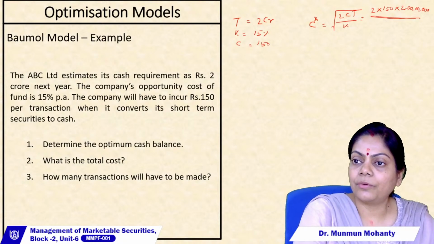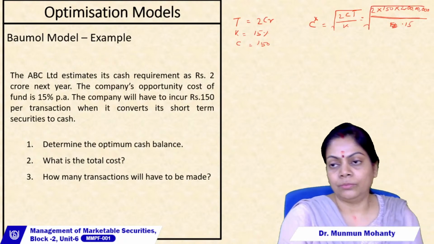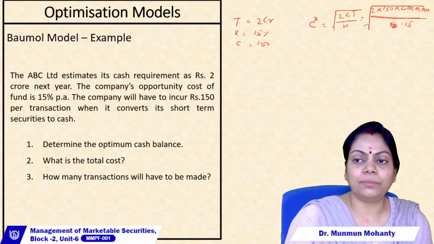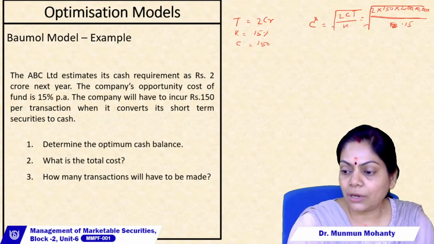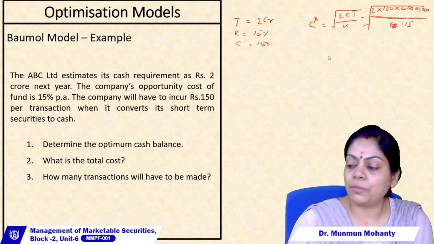Divided by 0.15. Then put a square root. I'll not go into the algebra of this calculation, but this is how you can solve it and get the optimum cash balance.